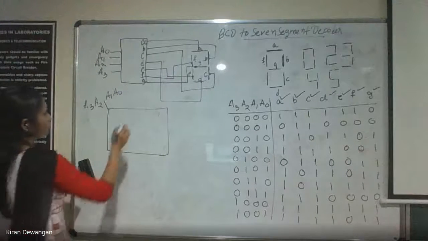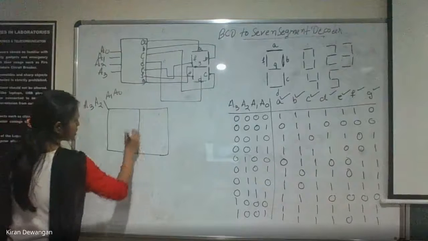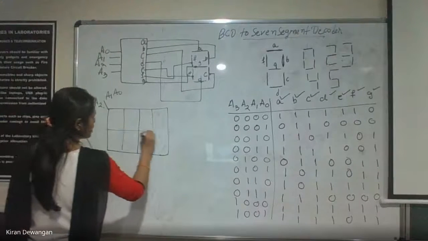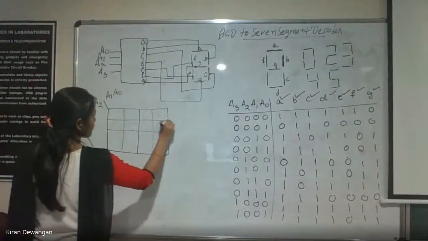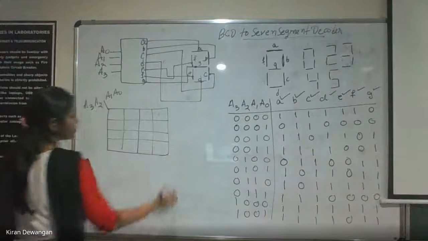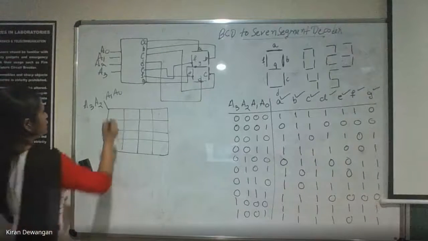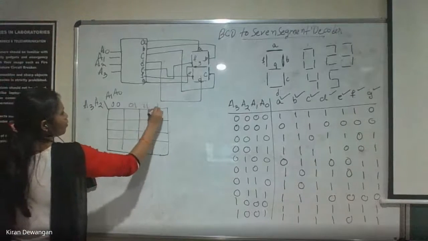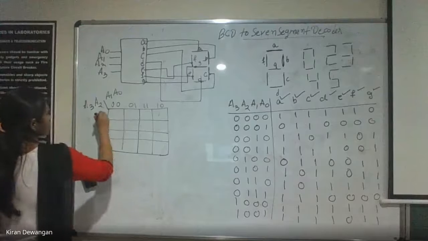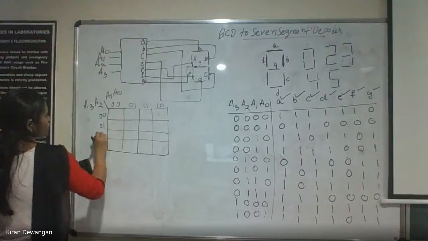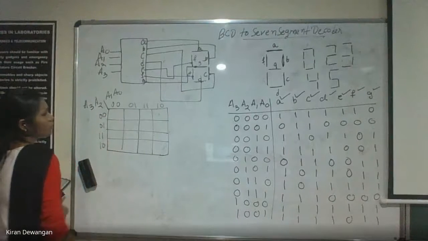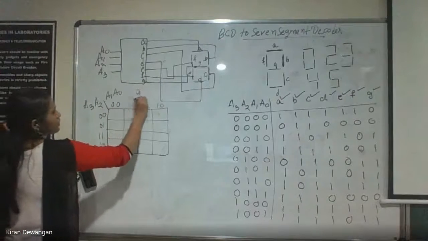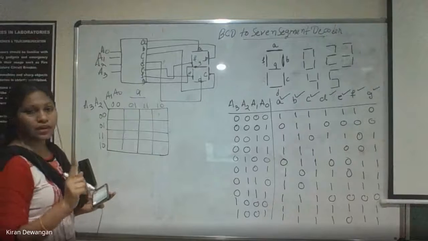So we'll take 4 variable K map. These are our 4 variable K map. 0, 0, 0, 1, 1, 1, 1, 0. This is for A, just for A.